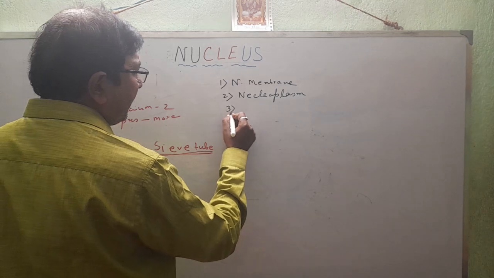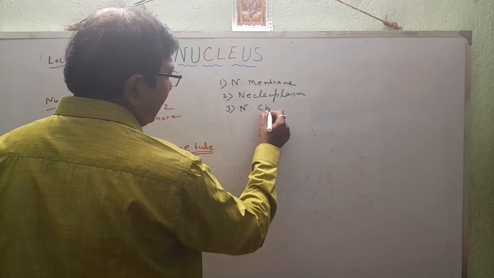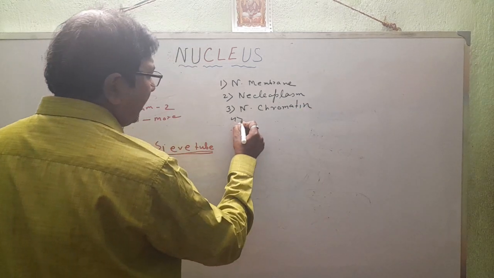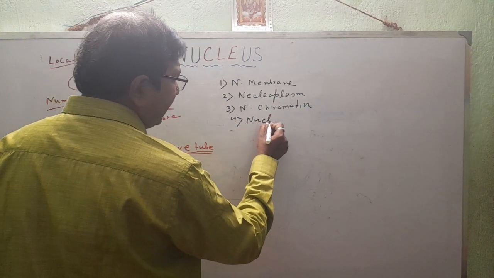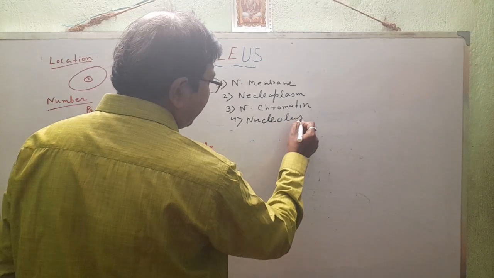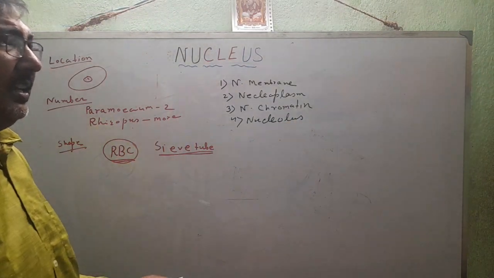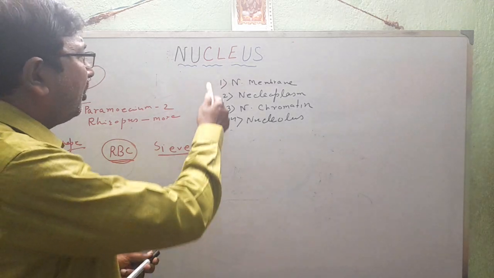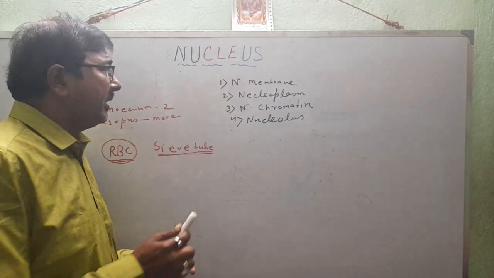Number three, nuclear chromatin. And number four, nucleolus. These are the four main components contained in the nucleus.